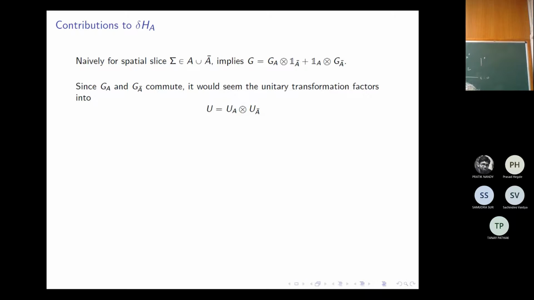Okay, so naively, if you have some A union A bar, even if it is some arbitrary spatial slice, you can think of this part of the perturbation as corresponding to the A bar region, and this part of the perturbation as corresponding to the A region.